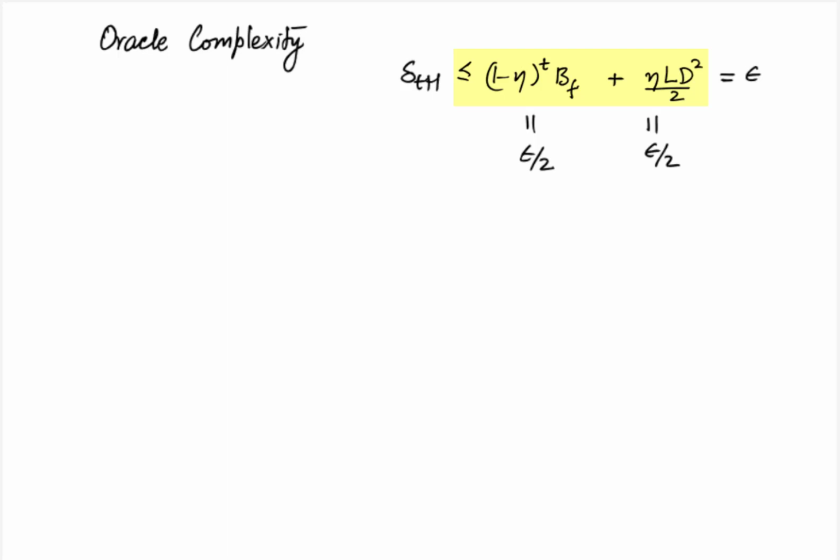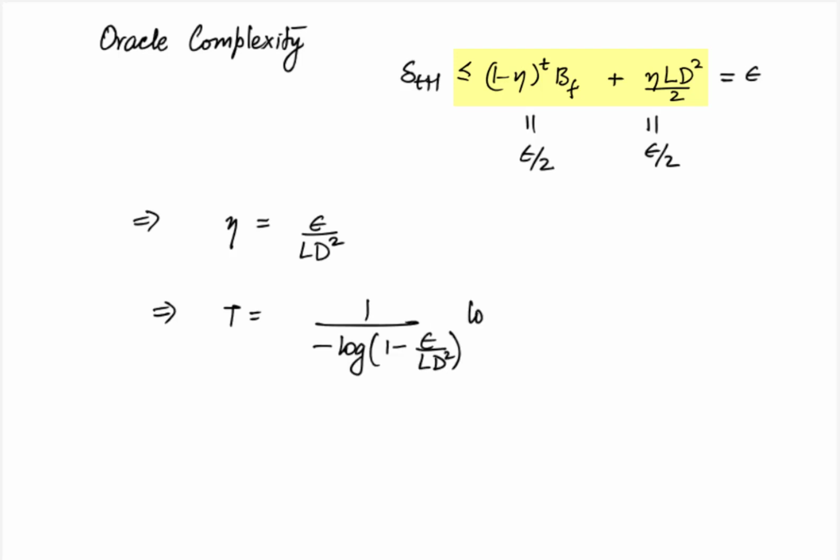So after this, we just need to solve these two equations with respect to eta and T. Solving with respect to eta, we obtain that eta equals epsilon divided by LD square, which requires us to know epsilon in advance. And then substituting this back and solving for T, we obtain 1 over minus log of 1 minus epsilon by LD square into log of 2BF by epsilon, which is approximately equal to LD square by epsilon into log of 2BF by epsilon.